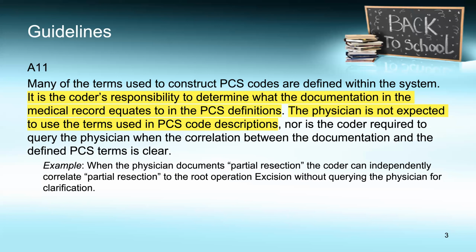So a partial resection would be removal of a portion. So the coder can make that translation without having to query the physician for clarification, because it is very clear what was done. Now, if it's not clear, by all means, you can query providers, but not simply because they are not using the same terminology that is used in ICD-10-PCS.